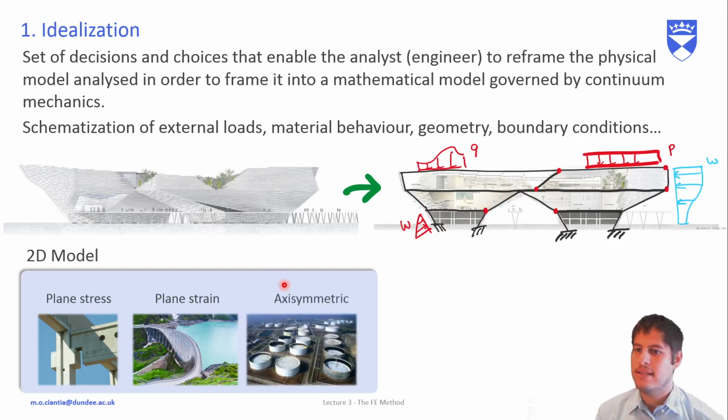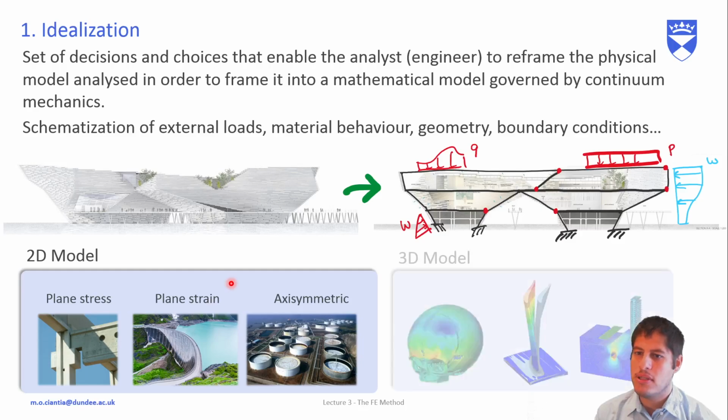Or there is also the axisymmetric type of problem. We didn't look at the theory of this, but it's sort of similar to these two, but we will not cover axisymmetric problems in this module. Basically we use the axis of symmetry to look at a 3D problem in 2D and solve it. So fewer unknowns, a smaller problem, and a faster solution.